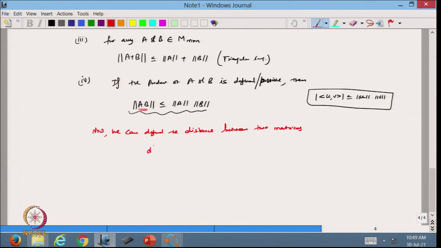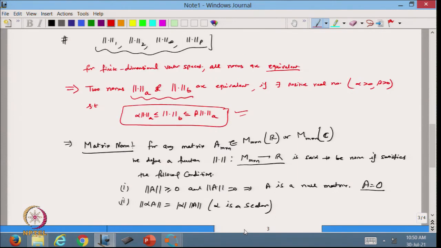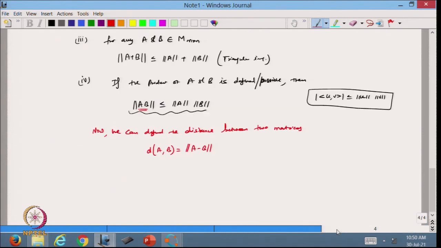I can define the distance between A and B as the norm of A minus B. So once I am able to define a norm satisfying all these conditions, then we say that this norm is well defined. Let us discuss the different types of norms.